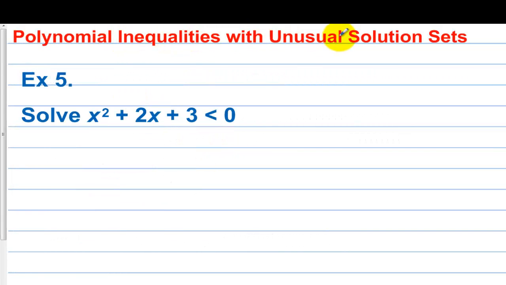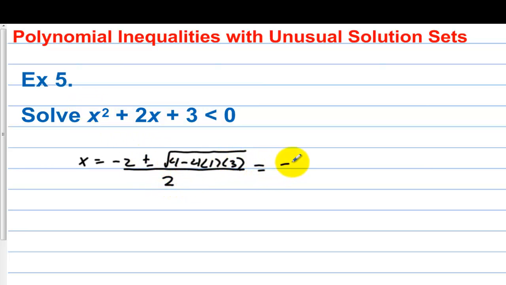Polynomial inequalities with unusual solution sets. Example 5, solve this one, less than 0. Well, let's find the zeros. This doesn't factor, so we have negative 2 plus or minus the square root of b squared, 4, minus 4 times 1 times 3, and that's all over 2 times a, which is 2.